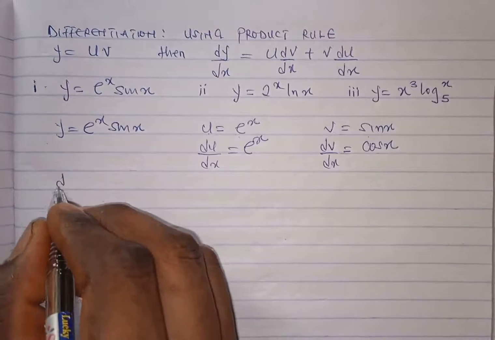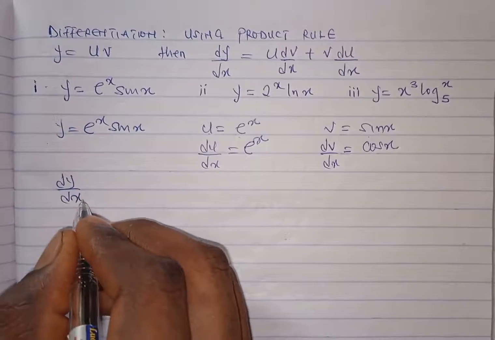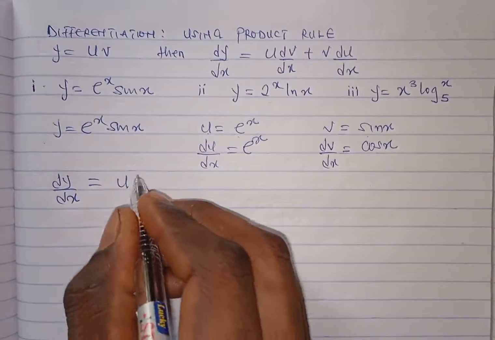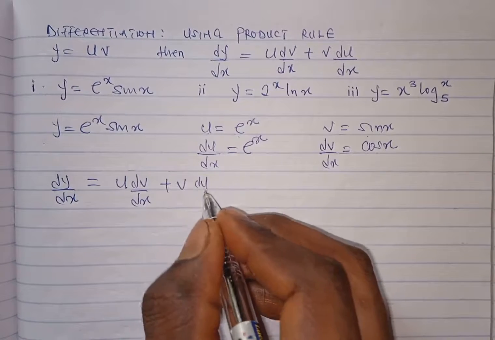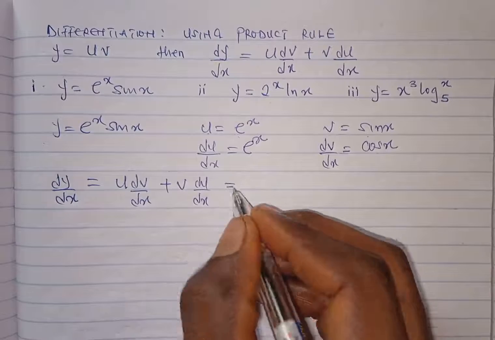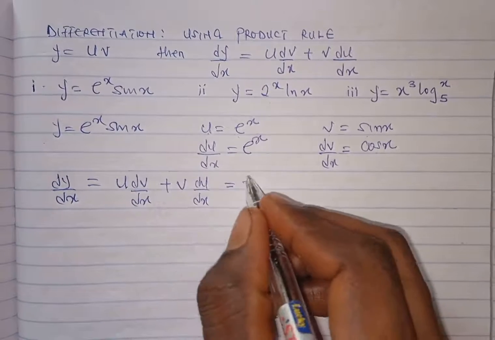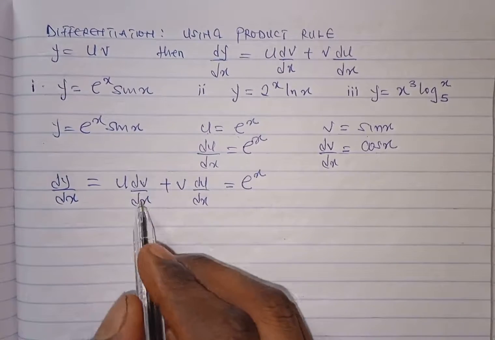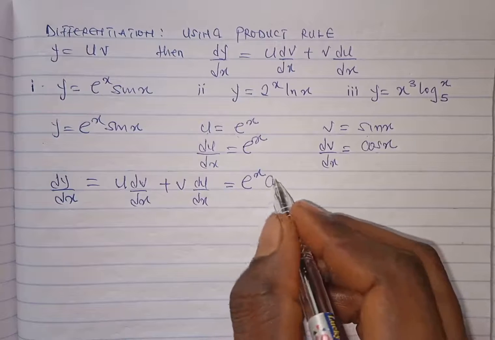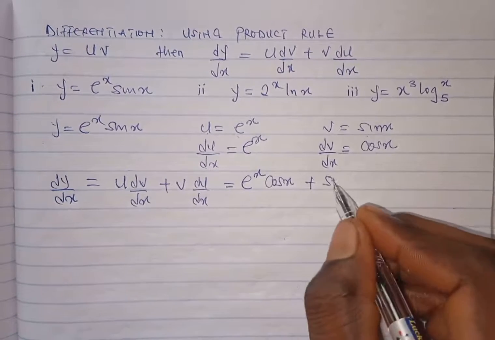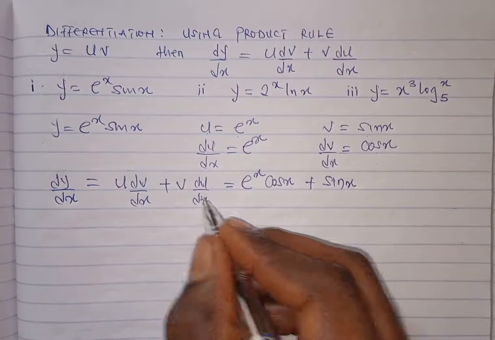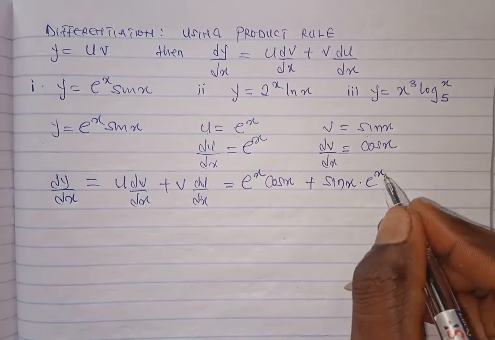The formula says that dy/dx equals u dv/dx plus v du/dx. So what is your u? Your u is e raised to the power of x. Your dv/dx, you already got it, that's cos x, then plus your v. Your v is sin x and your du/dx is e raised to the power of x.